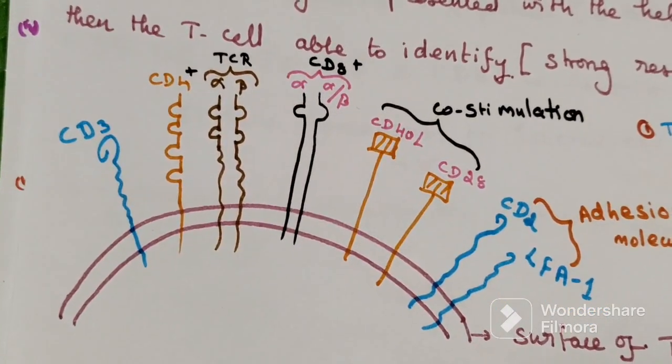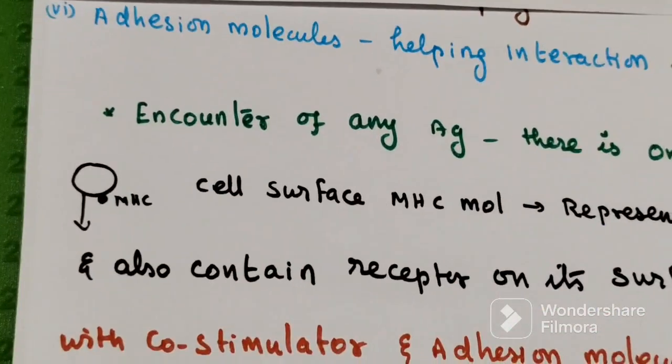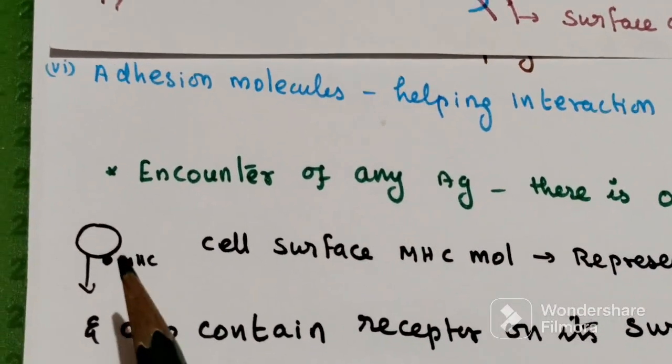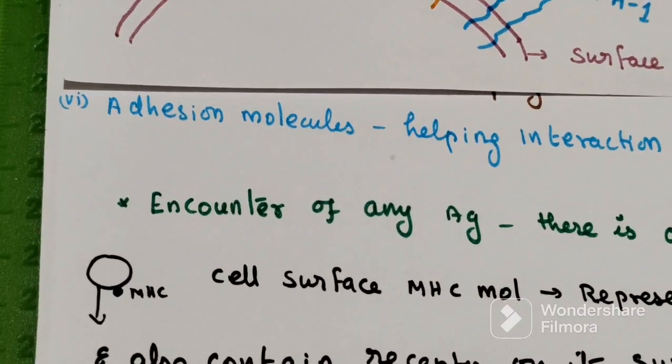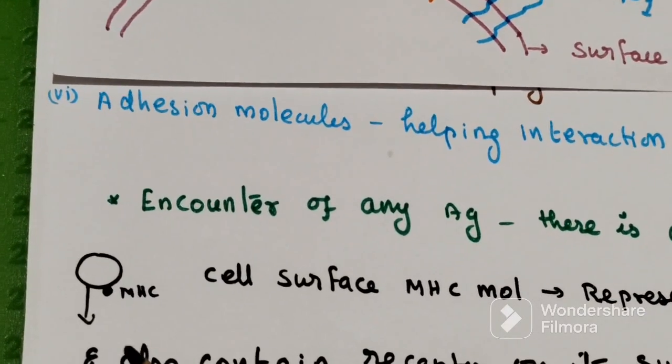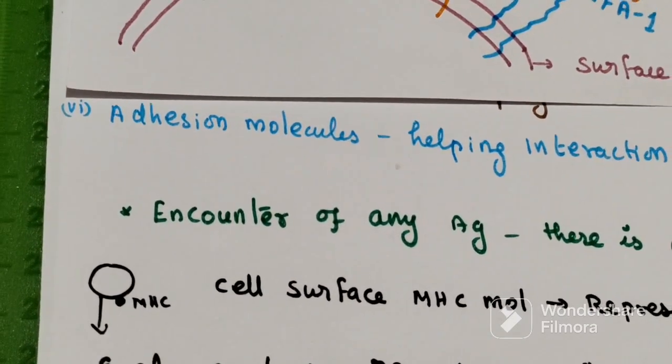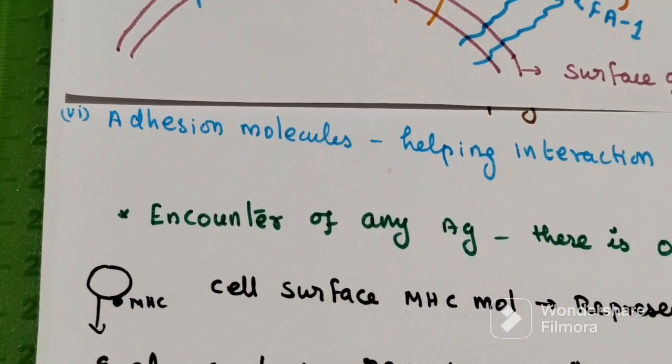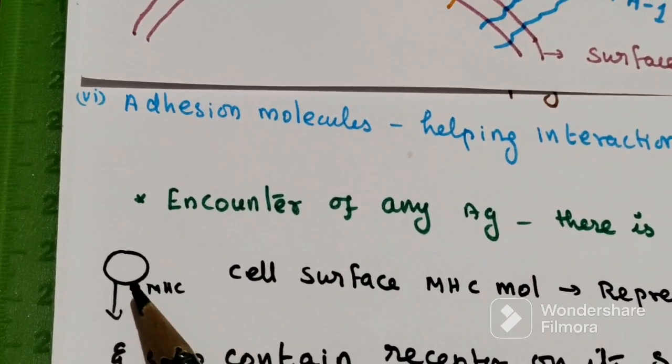So whenever there is an encounter of any kind of antigen, what is going to happen? Suppose there is one more cell, any kind of immune cell, whose surface has MHC molecules. It represents the antigen on its surface.